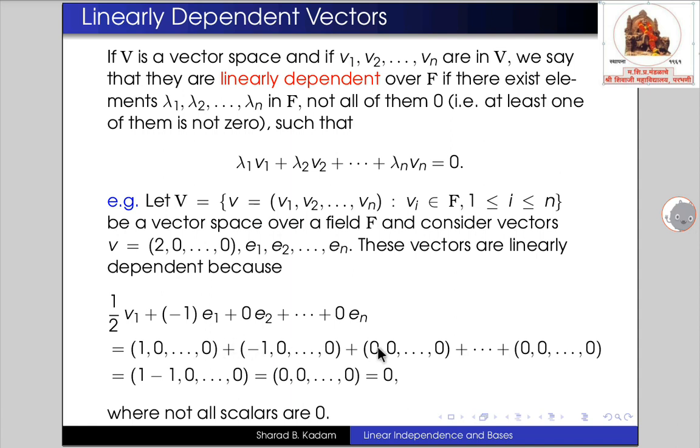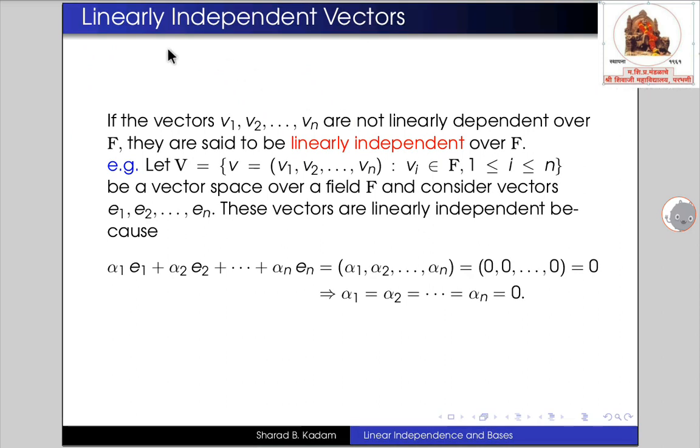Now we add these vectors component-wise, so we get an n-tuple whose first component is 1 minus 1 and other components 0, and as we know 1 minus 1 is 0, the resulting vector will be 0. So we have written the linear combination of these vectors V, E1, E2, En equal to 0, and here some scalars are non-zero. That means these vectors are linearly dependent.